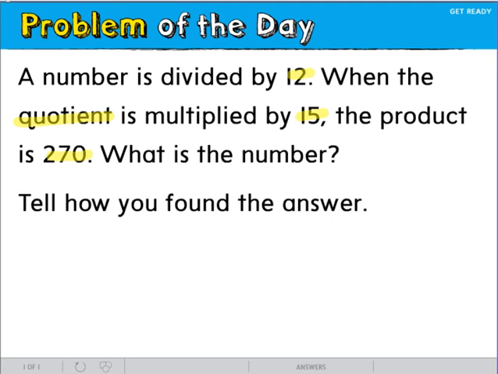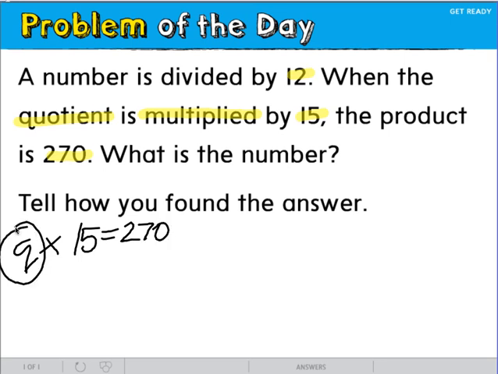So the quotient is multiplied by 15. We're going to use the letter Q for our quotient, and that's going to be multiplied by 15, and that's going to equal 270. Can we solve what our quotient is going to be with this equation?